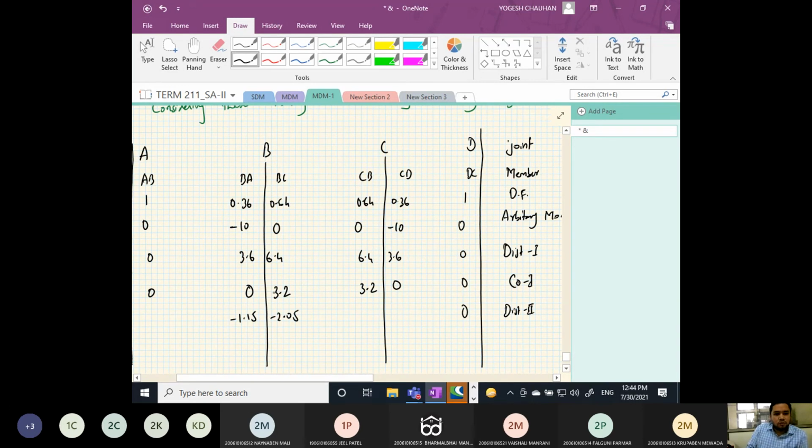Okay, if you distribute this moment, this will be minus 2.05, this will be minus 1.15 and 0 here. Carry over 2. This cannot be carried forward here. 0. Half of this will be carried forward here, 0. This will be minus 1.03.